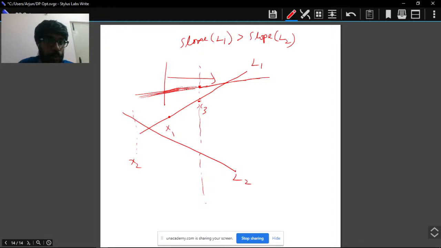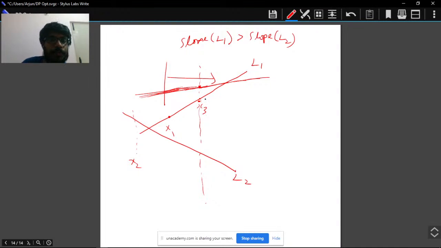We can prove this formally, but intuitively it's very obvious. If I'm looking at a lower line, and here it's larger, then here also it's going to be larger. So if L2 is greater than L1 at x3, then L2 has to be greater than L1 at x1 also, but that's a contradiction because we said L1 was the maximum there. So this can't happen.